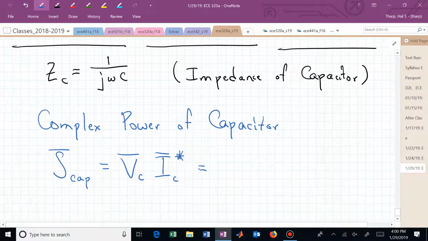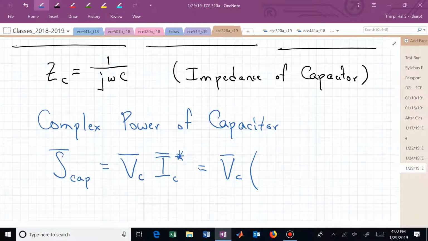Or let me now replace the current with a voltage impedance formula. So the current, this is the generalization of Ohm's law. This isn't that hard, is it? You just have to tie all these little pieces together. And then they fit together smoothly and you can solve all these problems.